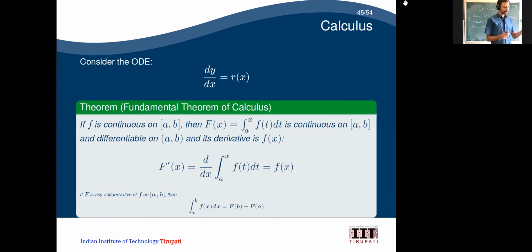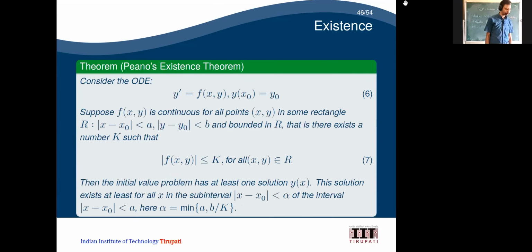I put dx on both sides and integrate with respect to x. Then this side becomes d of y, and the right side becomes r of x into dx. Now, if r of x is continuous, you can apply the fundamental theorem of calculus, and then you can find what your y is. That is the basic, fundamental idea behind ordinary differential equations. Almost the same concept we are going to extend to partial differential equations also.